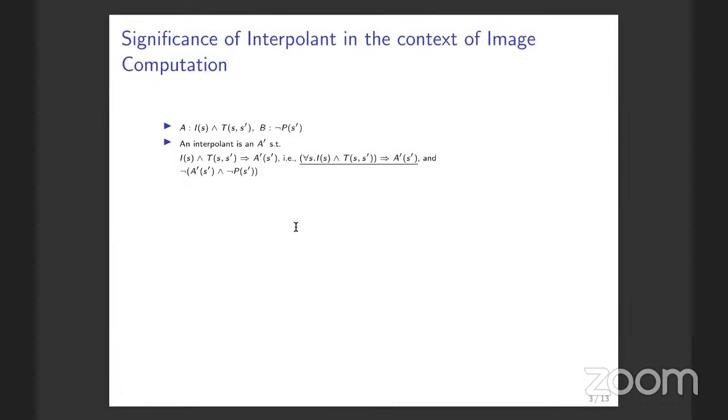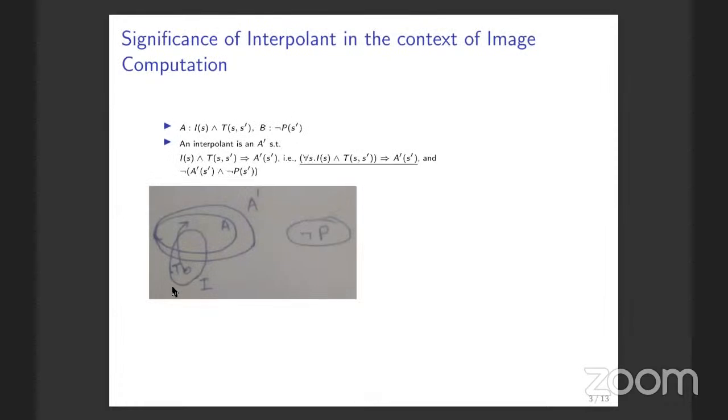So in the context of images, this is what it says. Suppose my initial state is this, and set A is the one-step image of I under T. Now, A prime, an interpolant, can be some over-approximation of that one-step image, but still safe in the sense that it does not intersect with the bad state.